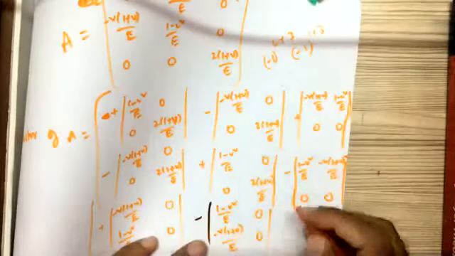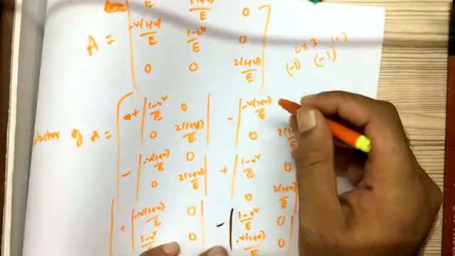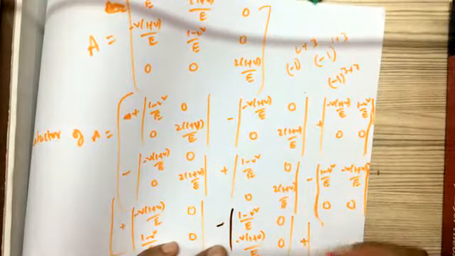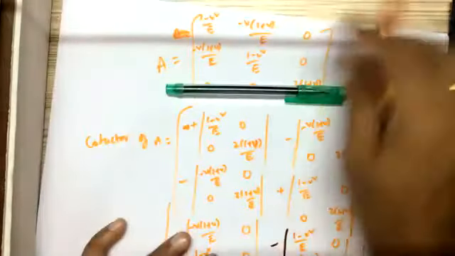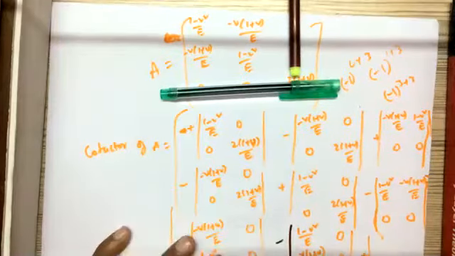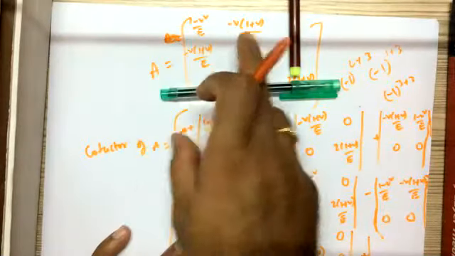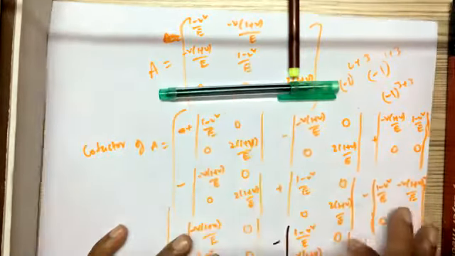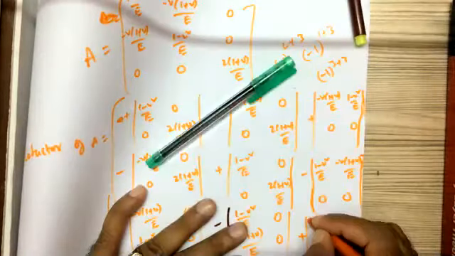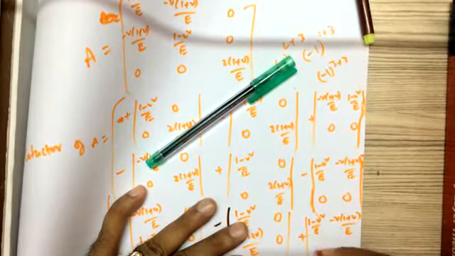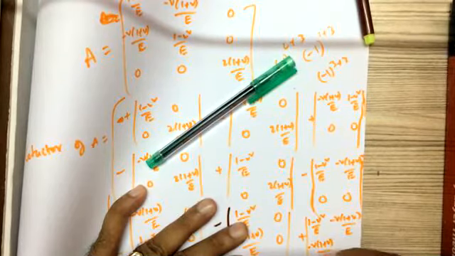Now what is the last element? 3, 3: minus 1 whole power 3 plus 3, minus 1 whole power 6, which is plus 1. So plus, if you eliminate that particular row and column, what will you get? 1 minus mu square by e, minus mu 1 plus mu by e, minus mu 1 plus mu by e, 1 minus mu square by e.